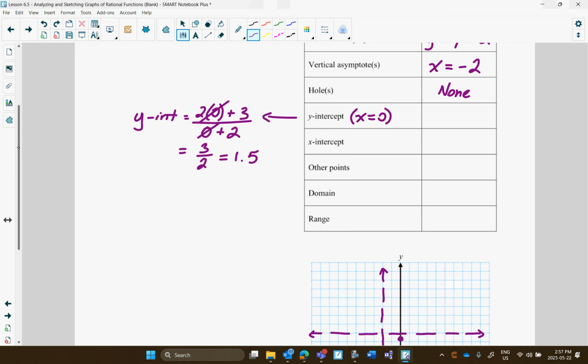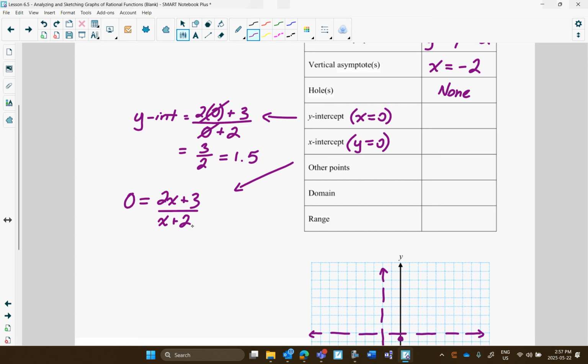Well, I can find the x-intercept by making y equals 0. So when I do that, I'm going to get 0 equals 2x plus 3 over x plus 2. How do I solve that?